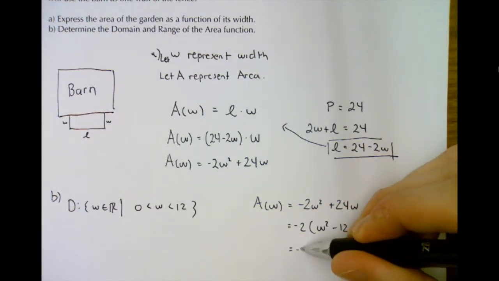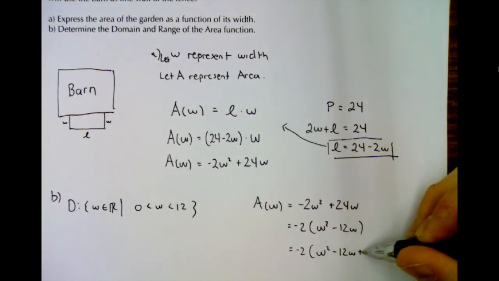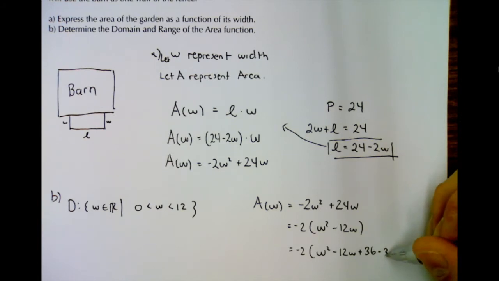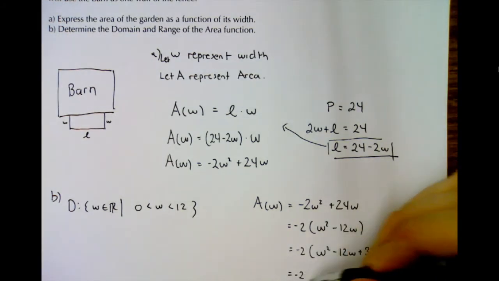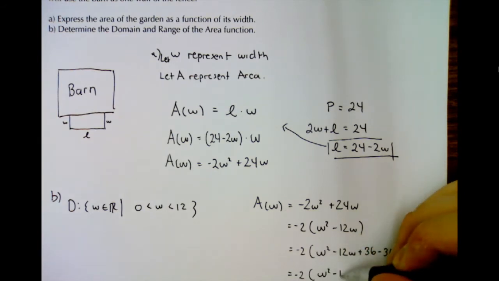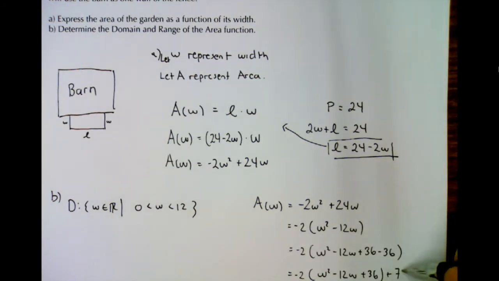If we divide it by 2, we get 6. If we square it, we get 36. Bring the negative 36 out. Negative 36 times negative 2 is 72.